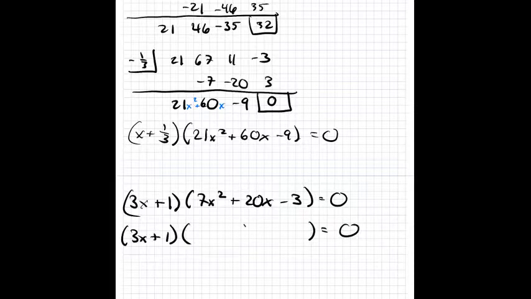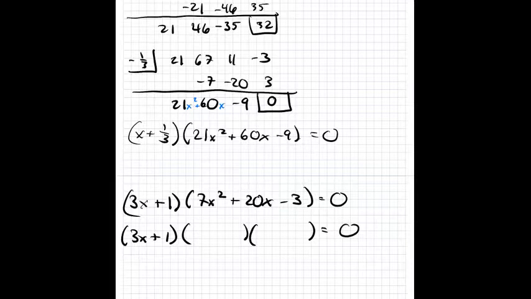Let me see. We're looking for two numbers that multiply to give us negative 21 and add to give us 20. One and 21. Negative 1 and positive 21. Yeah. All right.